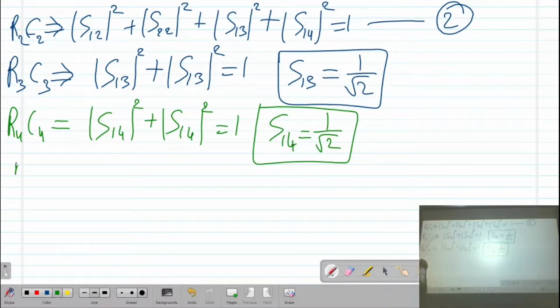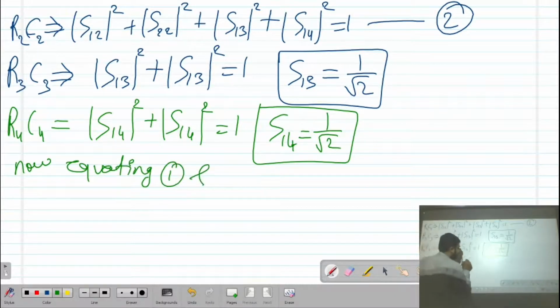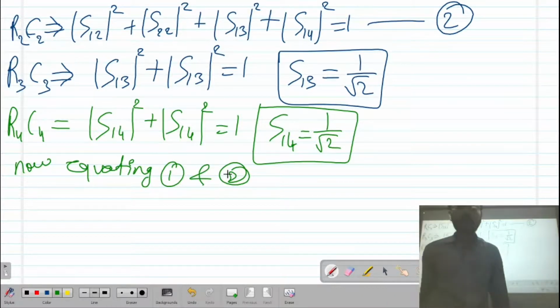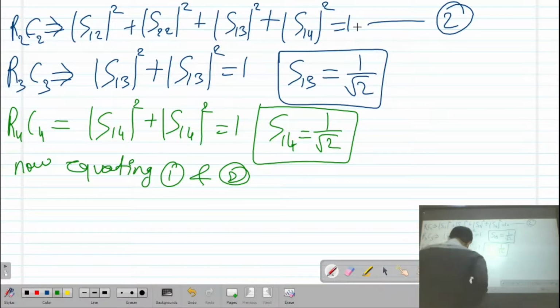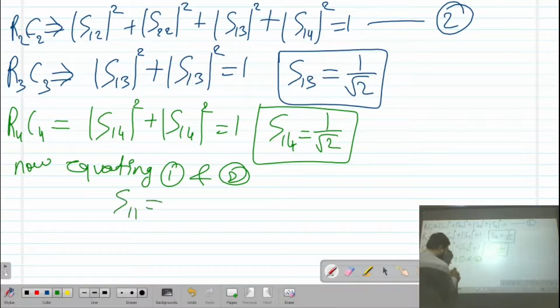Now equating equation number 1 and 2, because both the equations are having 1, we will have S11 equal to S22.